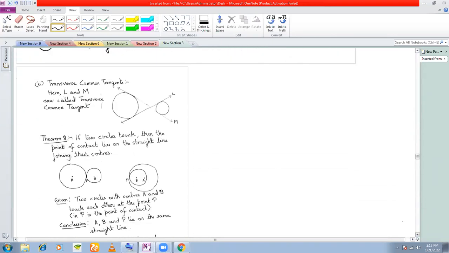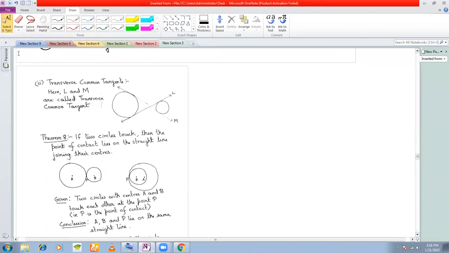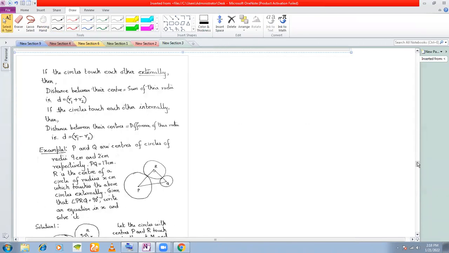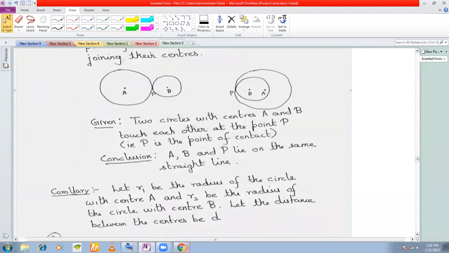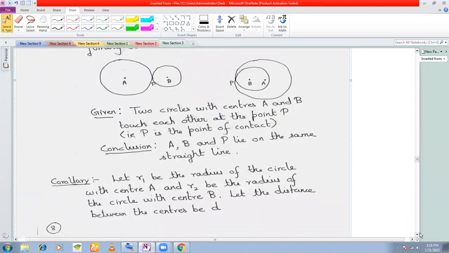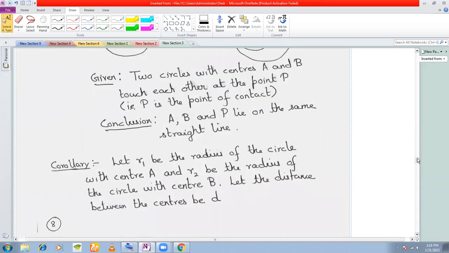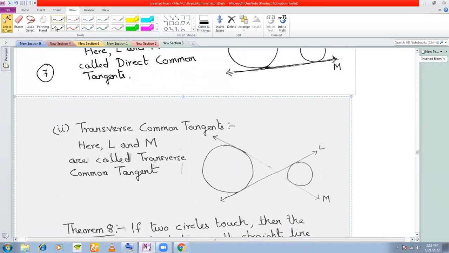Similarly, you can also have a transverse common tangent. What does a transverse common tangent look like? This is how a transverse common tangent looks.